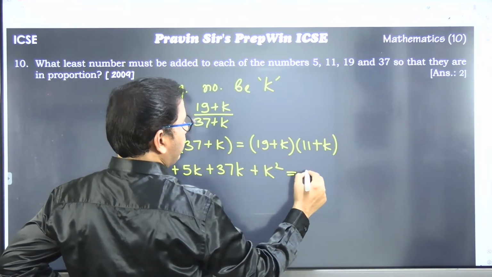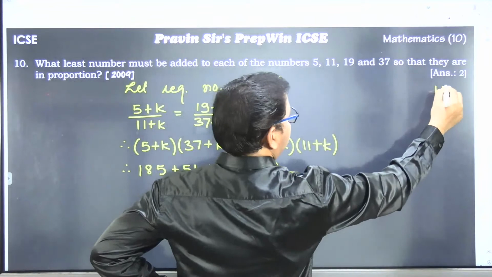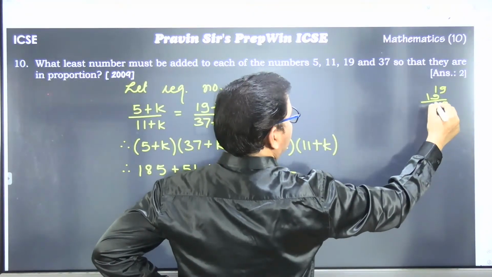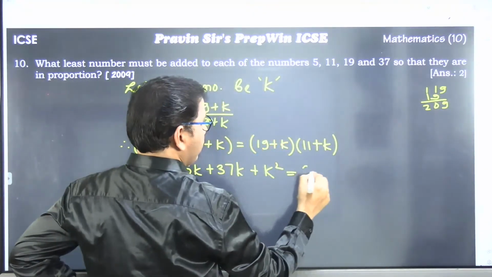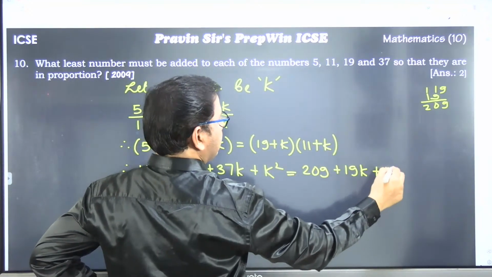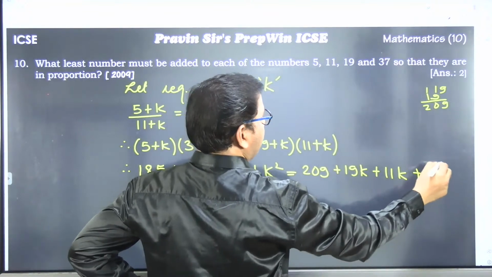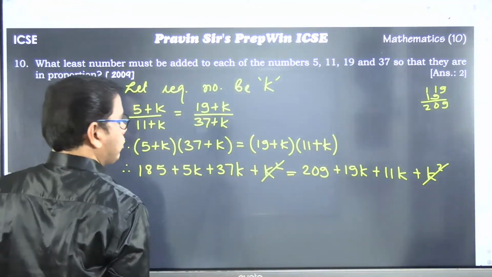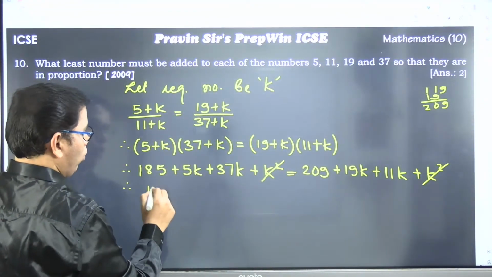Is it 209? Yes, it is 209 plus 19k plus 11k plus k square. Okay, as we already know, k square got cancelled.